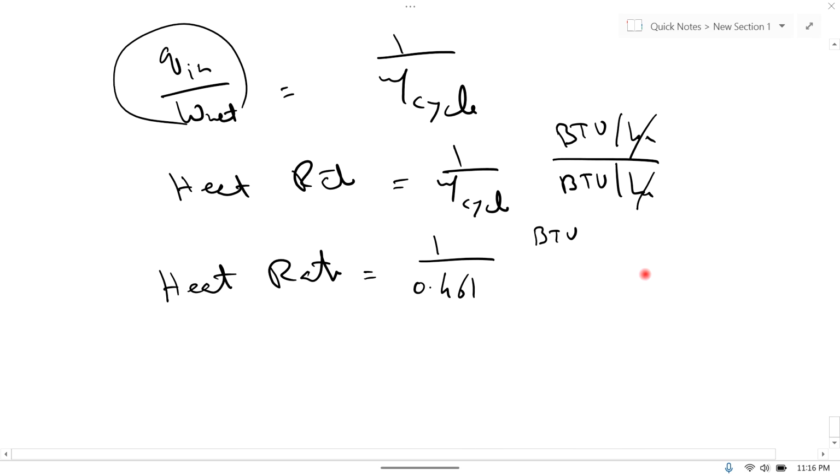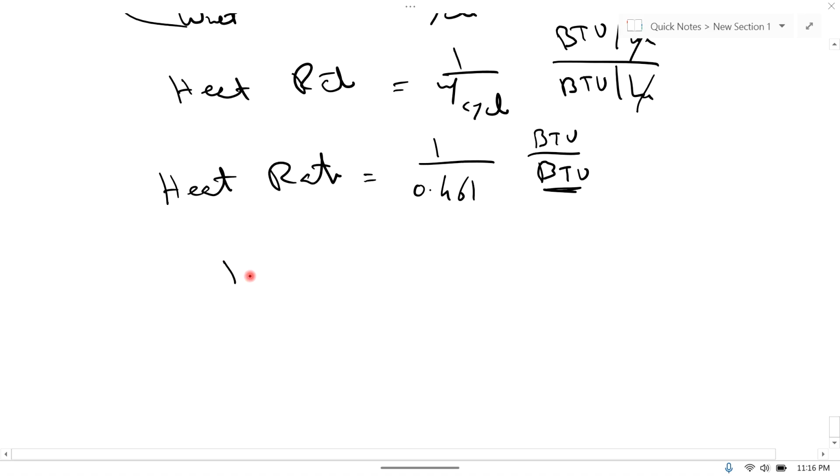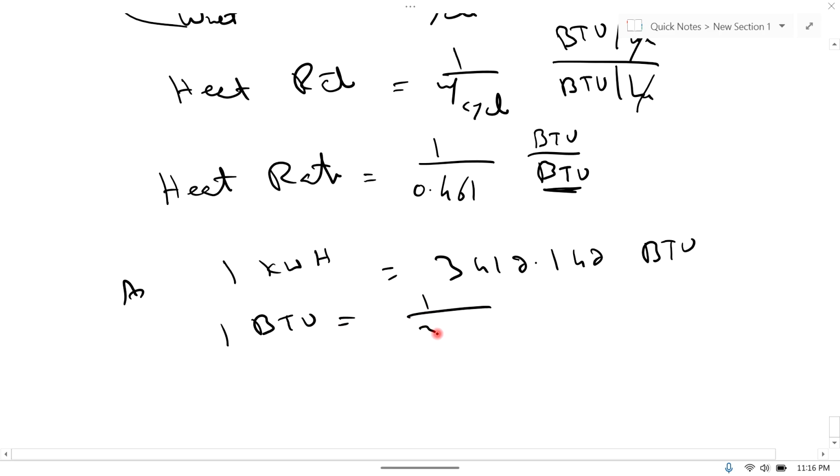So convert this BTU into kilowatt hour. As 1 kilowatt hour is equal to 3412.142 BTU, 1 BTU will be equal to 1 over 3412.142 kilowatt hour.